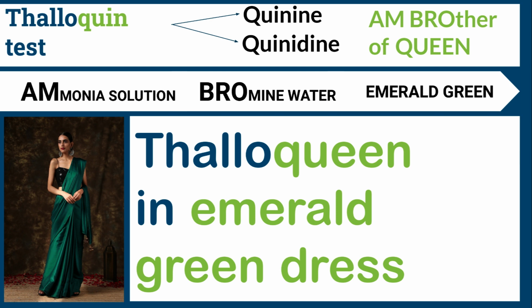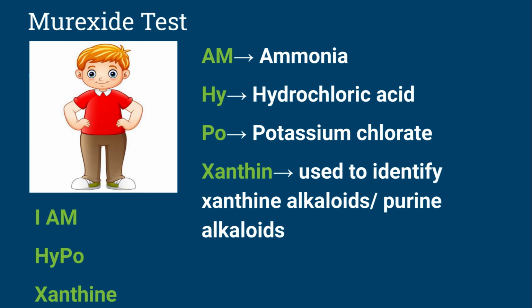Next test is the Murexide test. The Murexide test can be remembered from this sentence, I am hypoxanthine. Am of the sentence is for ammonia. Hy is for hydrochloric acid.